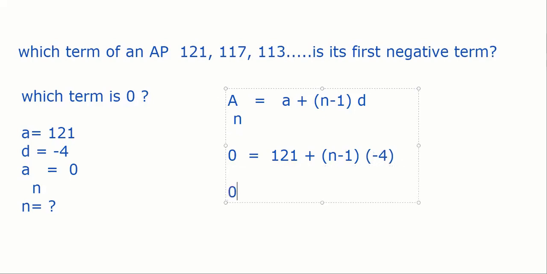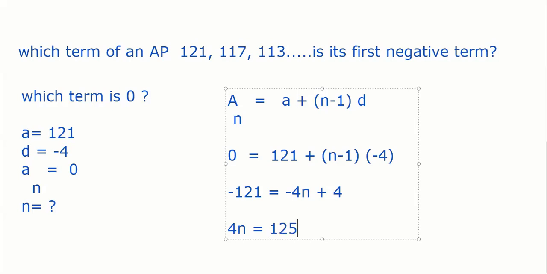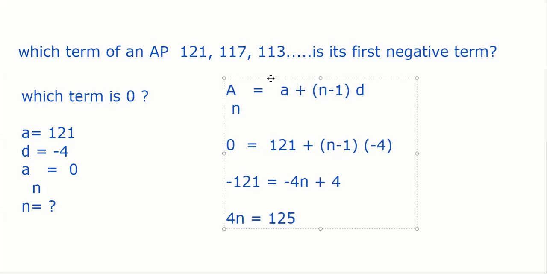So 0 equals 121 plus (N minus 1) into -4. That becomes -4N plus 4, so 4N equals 4 plus 121. Now guys, the most important step is coming. N equals 125 by 4.